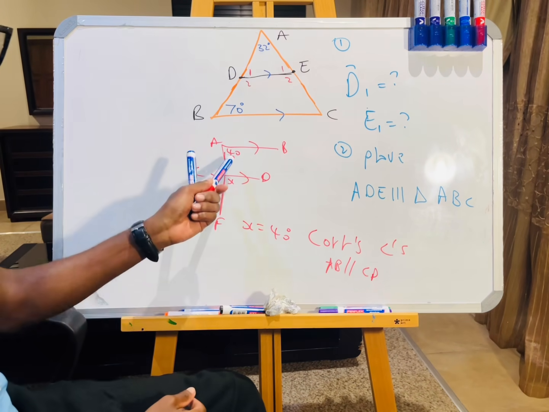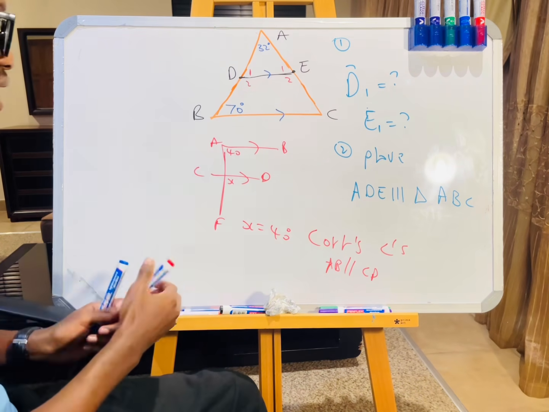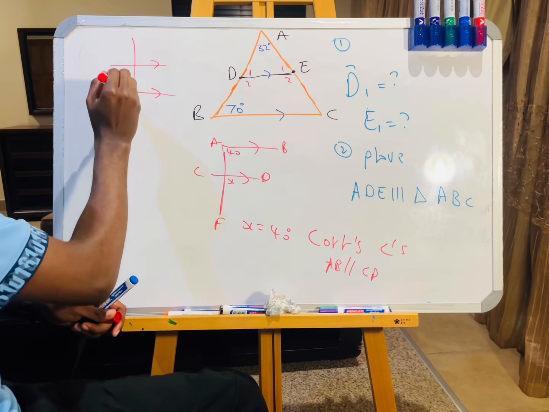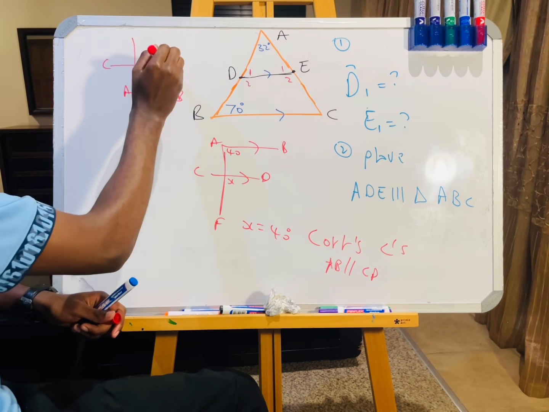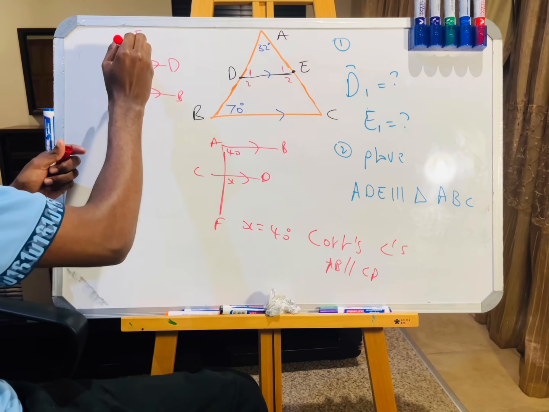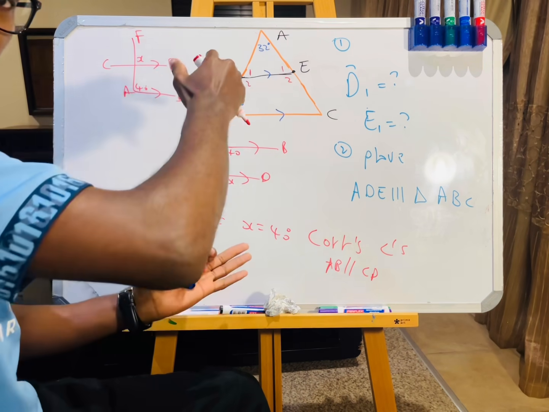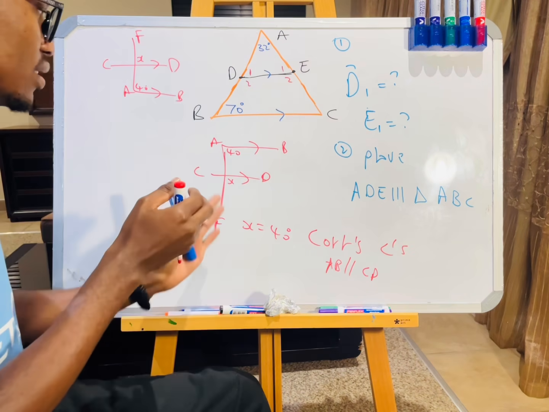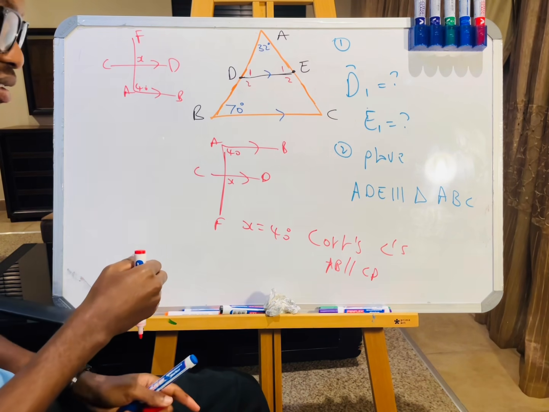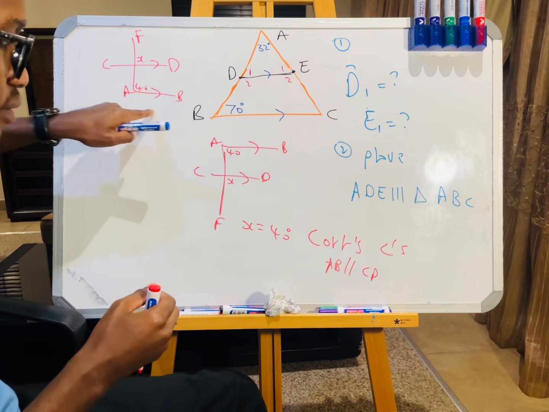So angle x equals 40 because of corresponding angles. That's letter F. Someone can also see it in this way. If x is 40 degrees, I can just rotate it, you know, it's F. Even if you rotate it like that, it is still the same thing. Corresponding angles, as your CD is still parallel to your AB, you get?